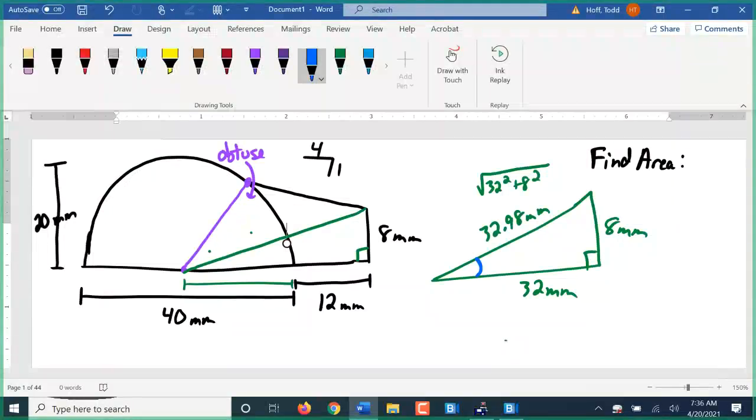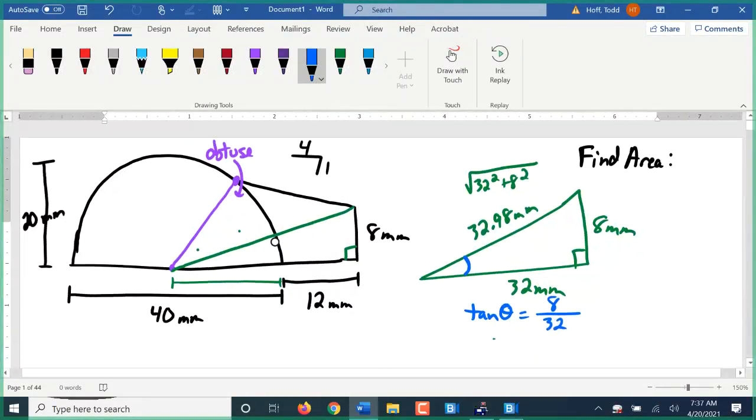How am I going to find that angle? Tangent. Give me a tangent. You got it. Tangent of an angle equals opposite over adjacent. What's the opposite side there? 8. And the adjacent? 32.